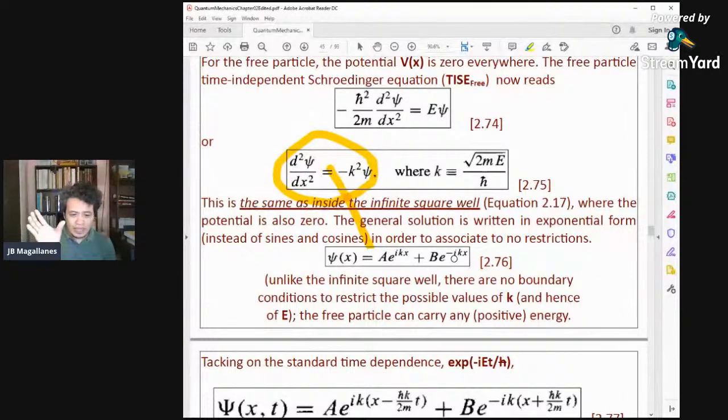For that kind of system, it's more convenient to describe the system in terms of sine and cosine. But in this case, we can use the exponential because the particle here is not bounded by any walls.